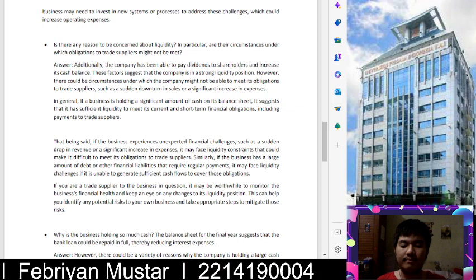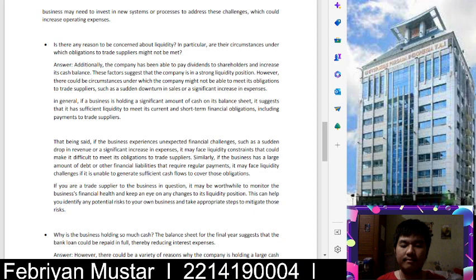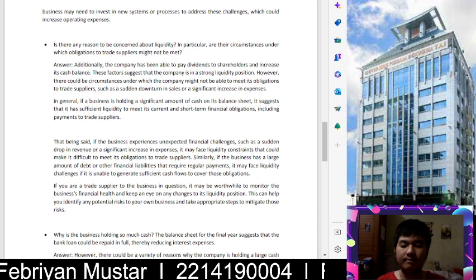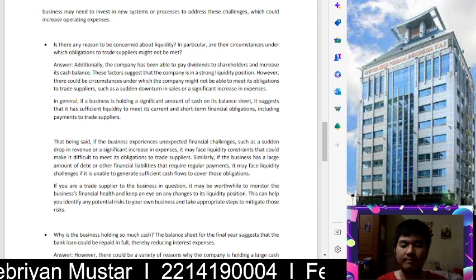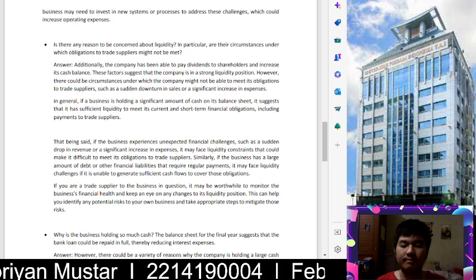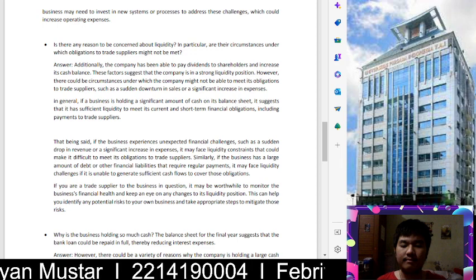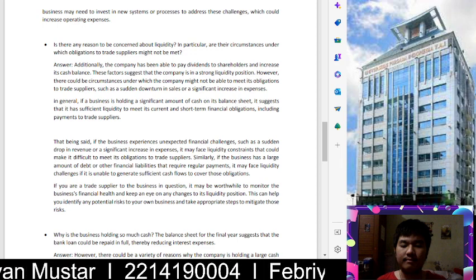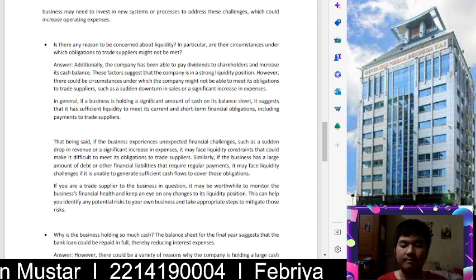Similarly, if the business has a large amount of debt or other financial liabilities that require regular payment, it may face liquidity challenges if it is unable to generate sufficient cash flow to cover those obligations.